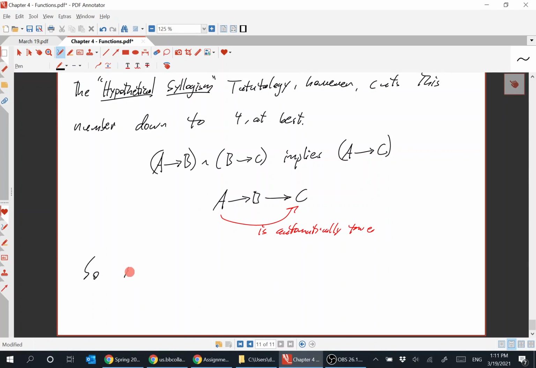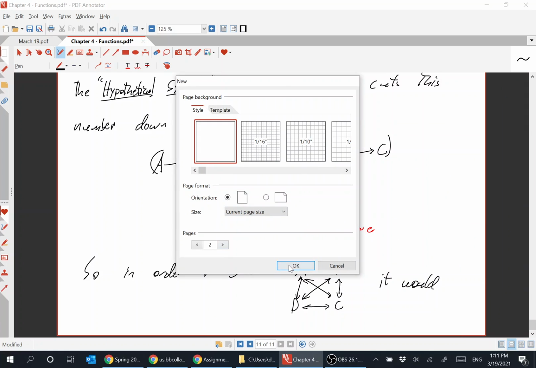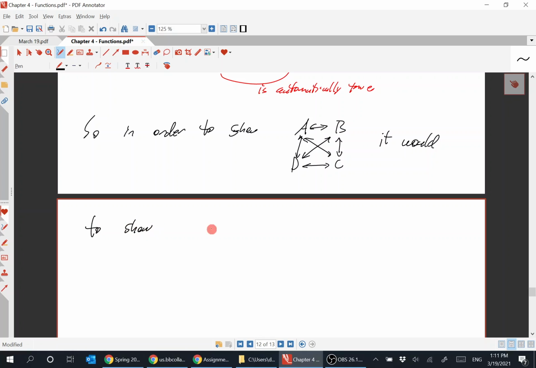And so if you have A implies B and you have B implies C, then this is automatically true. So in order to show A if and only if B, B if and only if C, C if and only if D, D if and only if A, A if and only if C, and B if and only if D, it would suffice to show that A implies B, B implies C, C implies D, D implies A. Or, A implies C, C implies B, B implies D, D implies A. Or, anything similar to that.